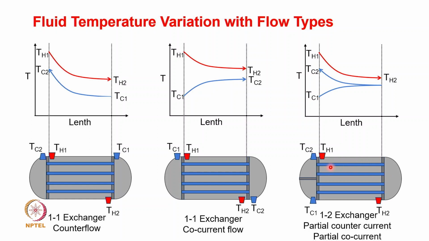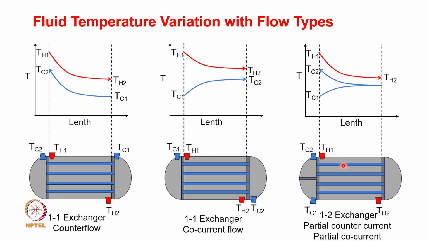So the flow direction inside the tube is reversed. In the first part the flow is parallel to the direction of the hot fluid, and in the second part the flow direction is opposite to that of the hot fluid. So this is typically known as partial counter current and partial co-current flow.